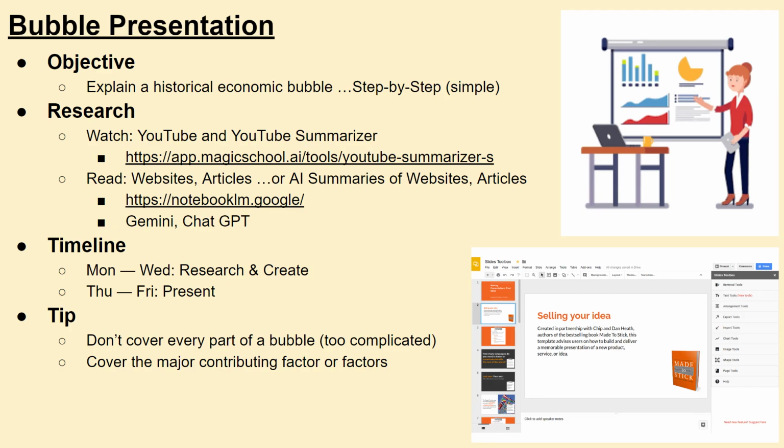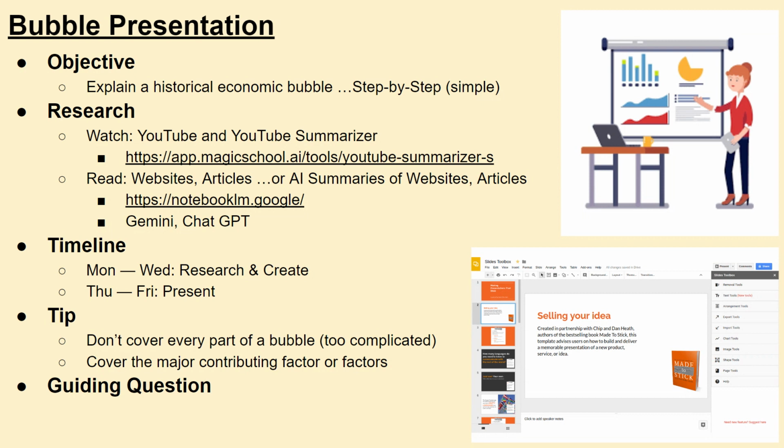It is up to you, and it depends on the bubble that you do the research on. But do not try to cover tertiary topics, fringe topics. Do not try to include everything, every little tidbit. Just stick to the step-by-step, what made it go up, walk us through it, and then walk us through the down.